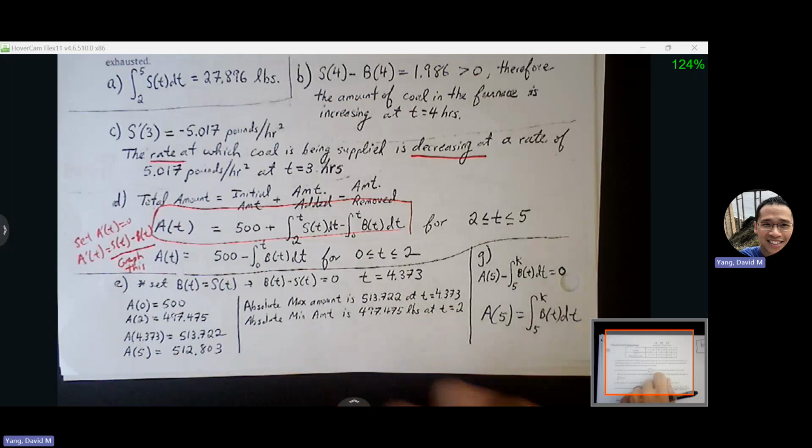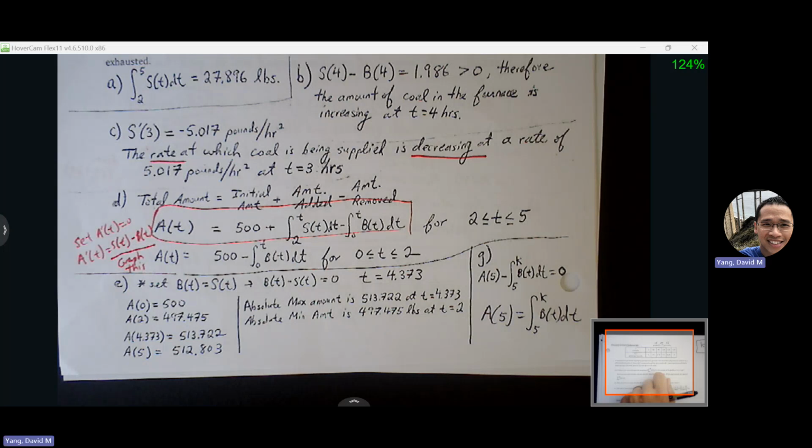Okay, so what is A of t? A of t is the amount of coal at any moment in time. And what does A prime of t represent? A prime represents the rate at which the amount of coal is changing. But the big picture is that whenever we want to find a critical point, we always set the derivative equal to 0.